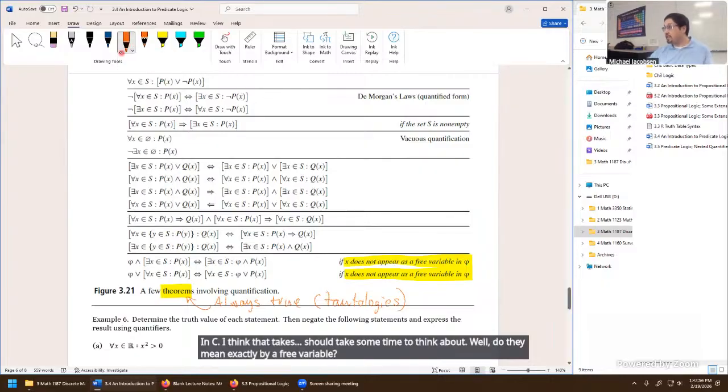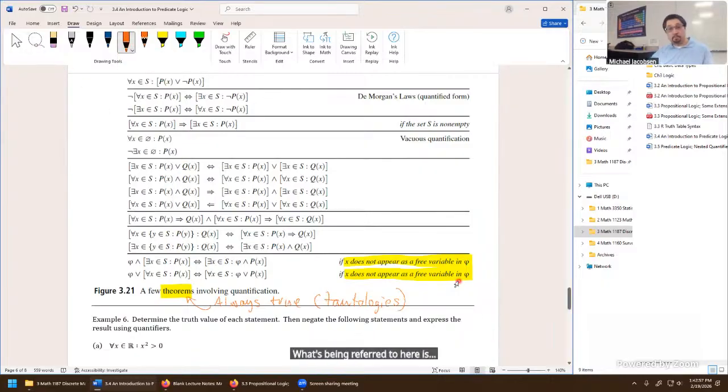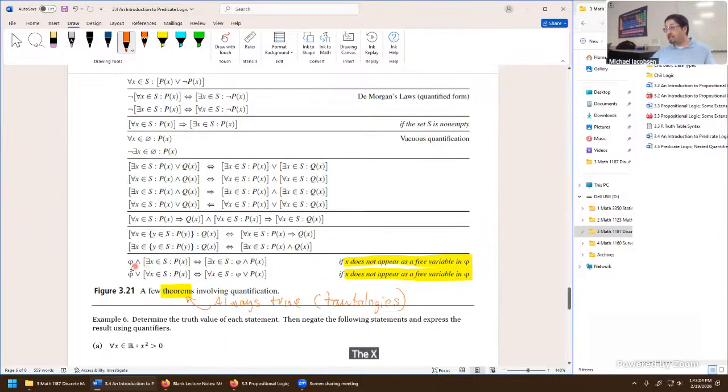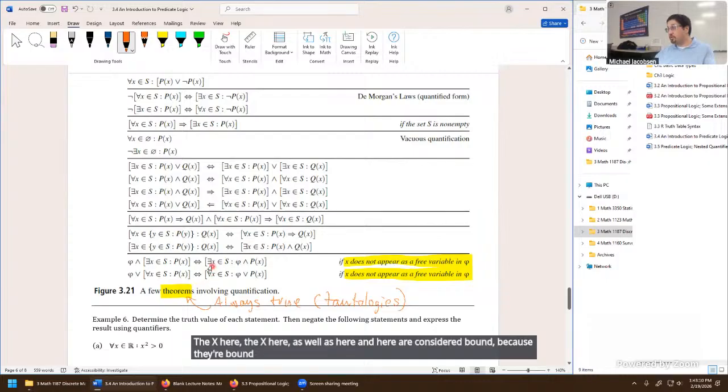What's being referred to here is, as opposed to the free variable, there's also a bound variable. The x here, as well as here and here, are considered bound because they're bound by the universal and an existential quantifier.